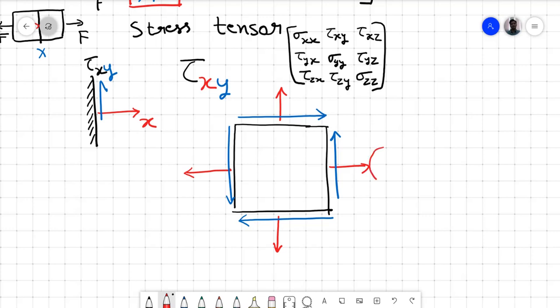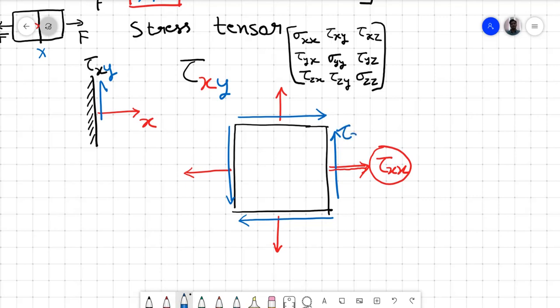So if we want to write this one, the normal to the surface is in x direction and the force direction is also in the x direction for this vector. So this component of stress is tau xx. We have already seen what this is.